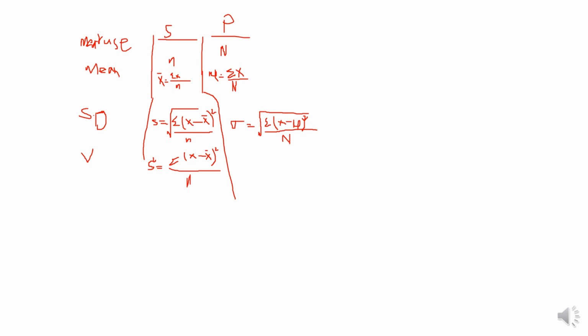If we take the square root of the variance, we get the standard deviation. And what about the parameter, the population? We have the variance formula: sigma square equals summation of x minus mu, where mu means mean, whole square, divided by capital N.